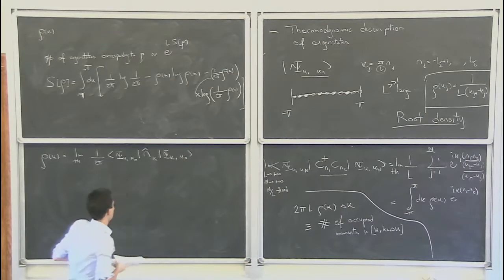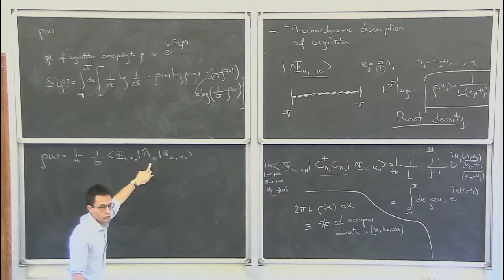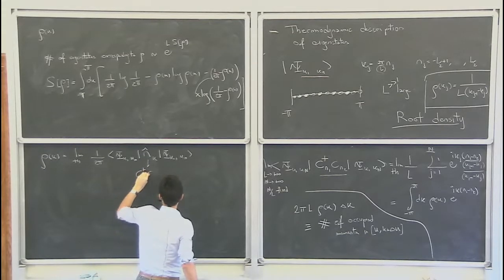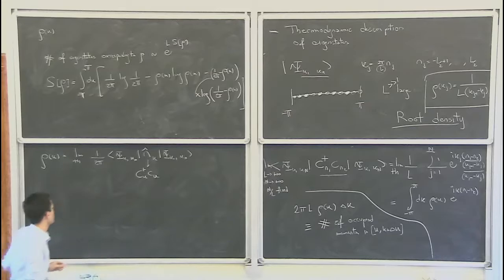Okay? Where these are the mode operators we introduced last time. So these are c dagger k c k. So the root density is basically nothing but the expectation value of the mode operators.